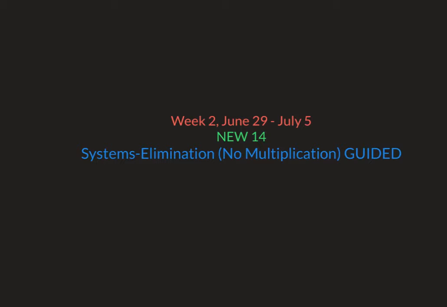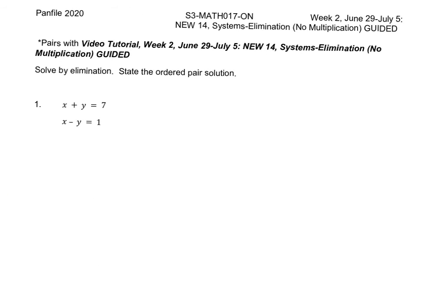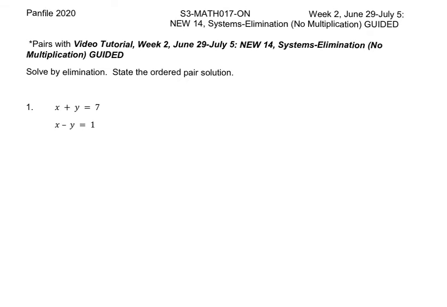So let's get started. Like I just mentioned, we are on our final method for solving systems. Like we talked about before, you'll notice that the directions have stayed pretty consistent: solve by elimination, state the ordered pair solution.